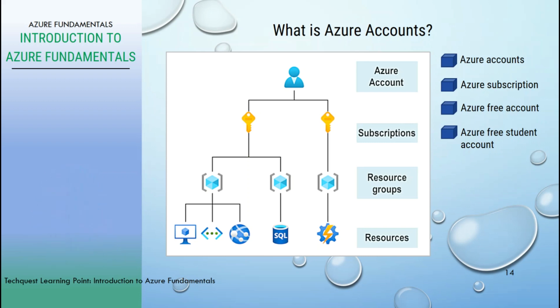The group of resources are used to build together. An Azure subscription also acts as an administrative boundary. That means it allows the subscription administrator to access all resources within the subscription and delegate access through a role-based access control mechanism.